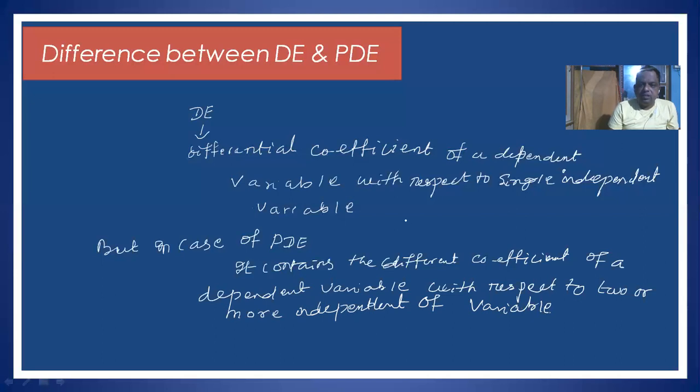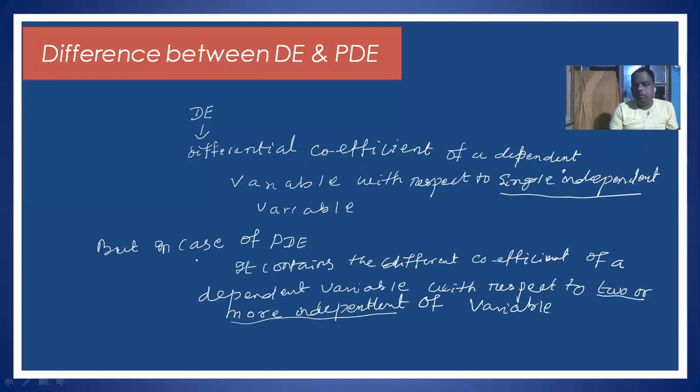Okay, a differential equation contains the differential coefficient of a dependent variable with respect to a single independent variable. This concept is very important. But in case of a partial differential equation, it contains the differential coefficient of a dependent variable with respect to two or more independent variables.